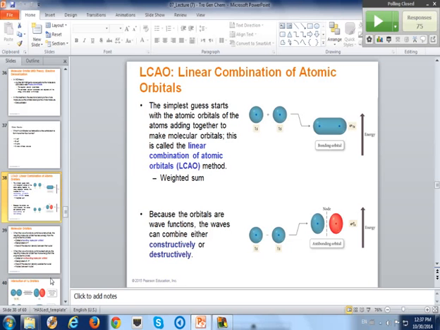Excellent question. How do we contrast this to valence bond theory? And so in the valence bond theory, we consider the atoms and their atomic orbitals, and we bring those atoms together such that the atomic orbitals on the atoms overlap, and that overlap region results in bonding.